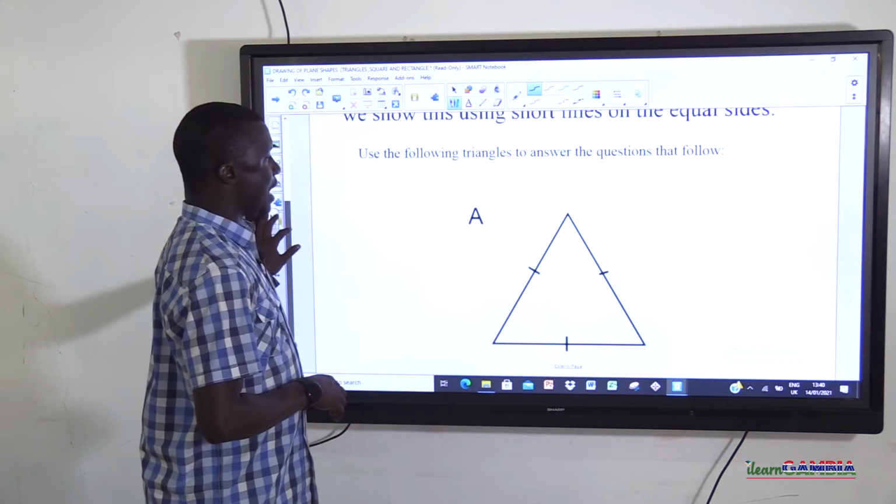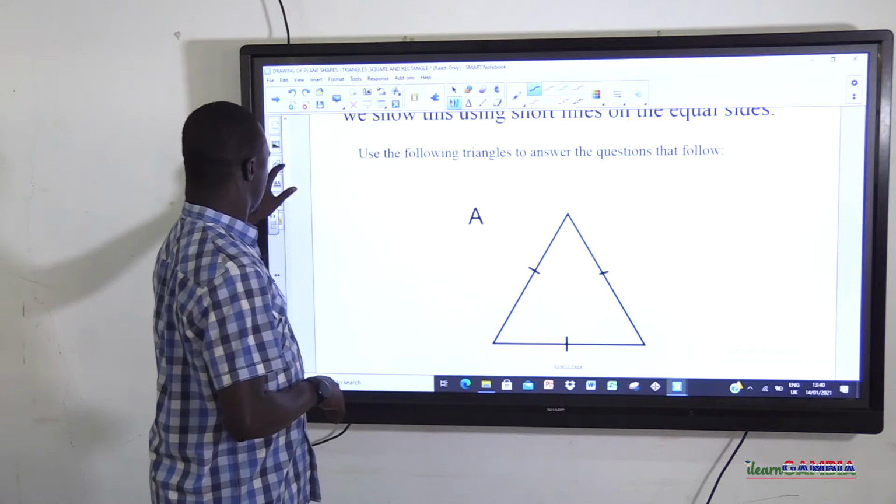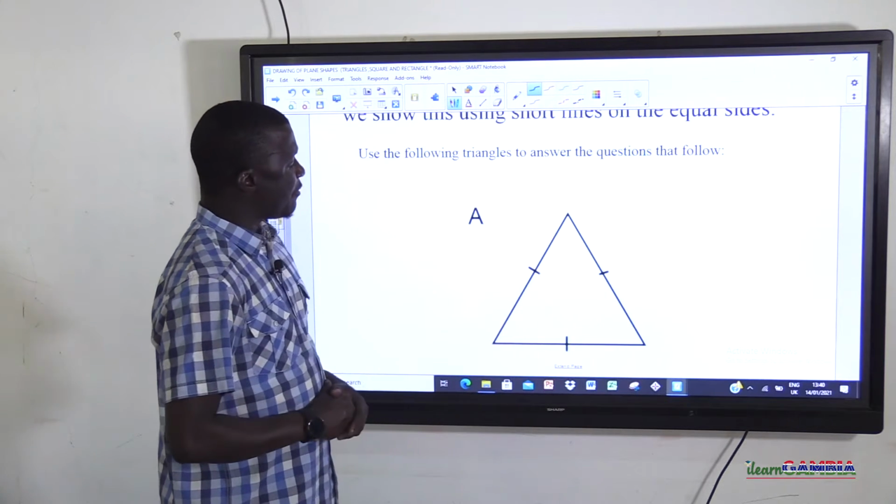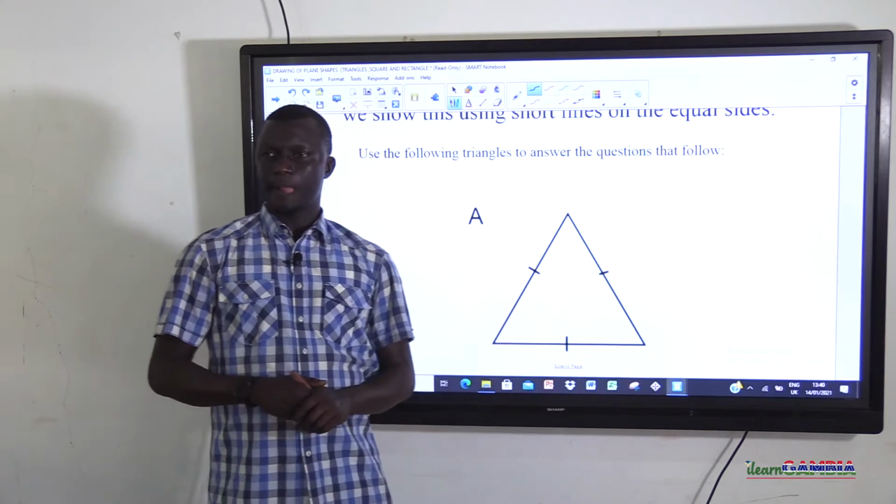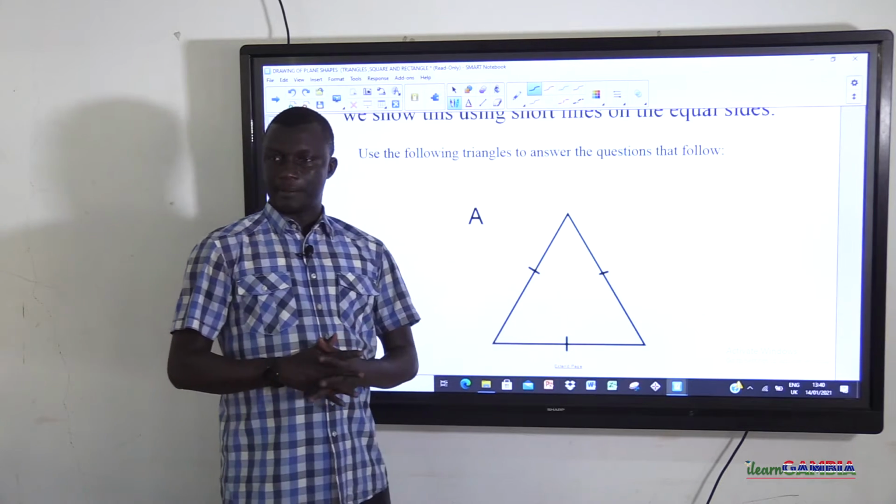Now we use the following triangles to answer the questions that follow. What type of triangle is this? As we can see, all the sides are identically marked.